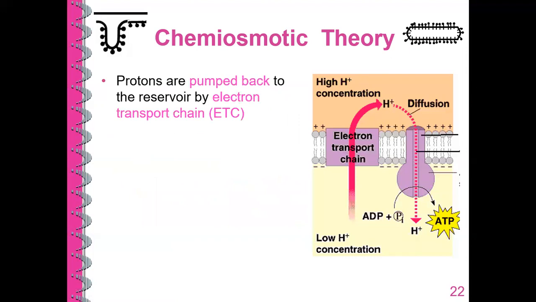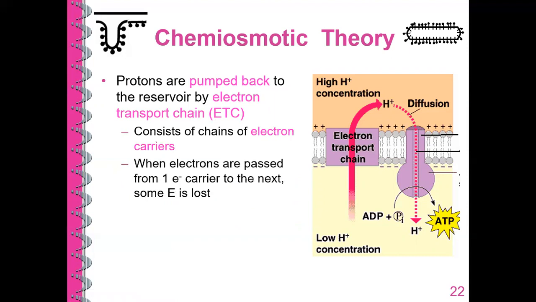All right. And then protons will be pumped back to the reservoir by the electron transport chain, ETC. So ETC consists of a chain of electron carriers. When electrons are passed from one electron carrier to the next, some energy will be lost.